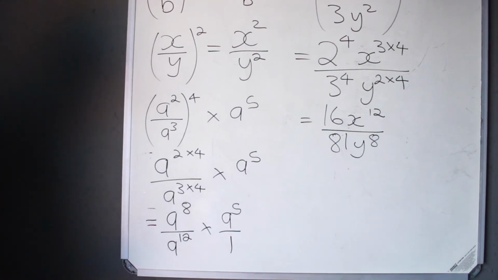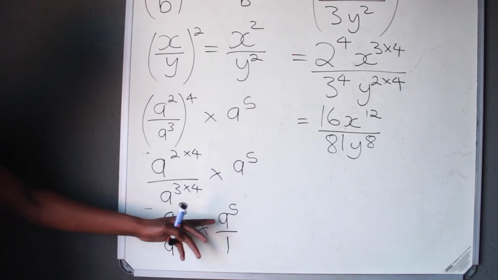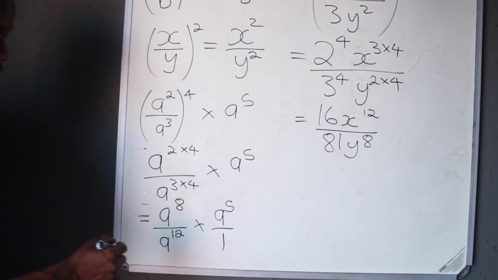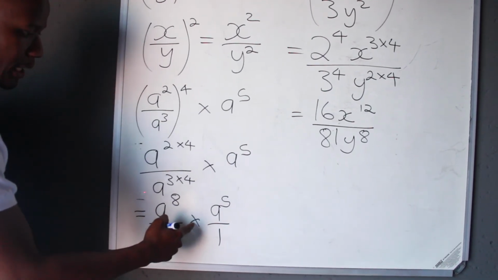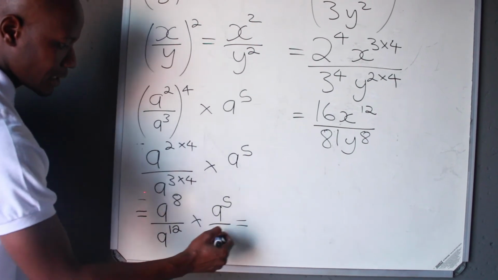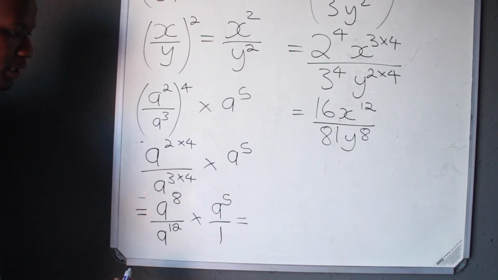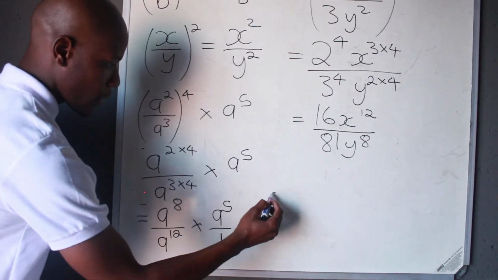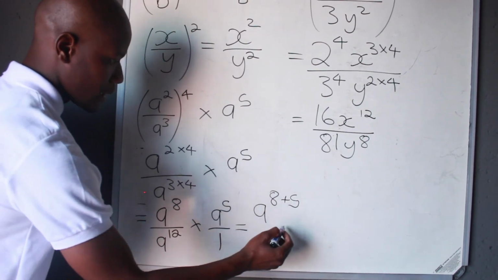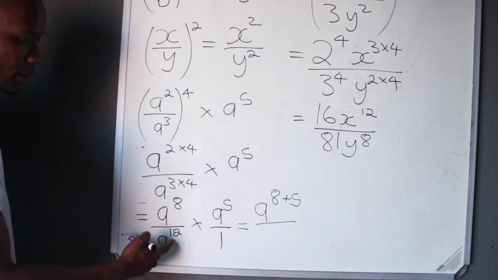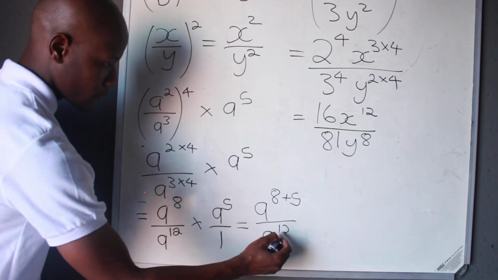So check. We multiply numerator and denominator. So a to the power 8 multiplied by a to the power 5. When we multiply the same base, we add exponents. It is a to the power 8 plus 5 divided by a to the power 12.